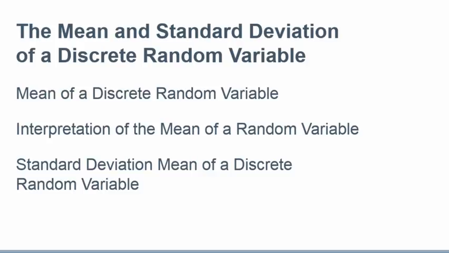Also, the mean of our discrete random variable is the expected value of the variable. The standard deviation of a discrete random variable is sigma and is defined by the square root of the sum of x minus the mean squared times the probability of x.